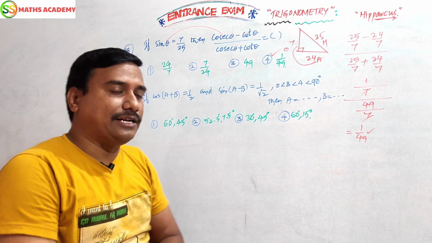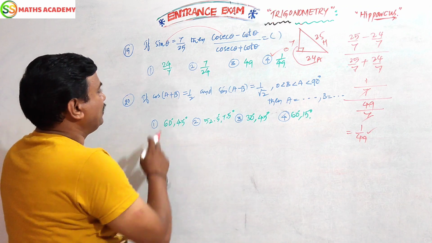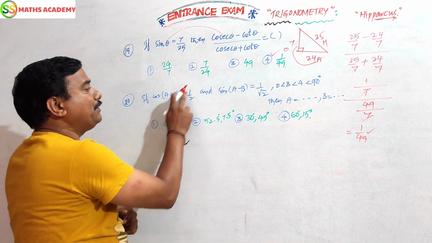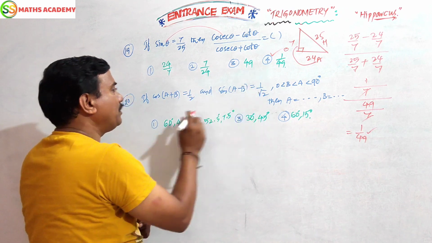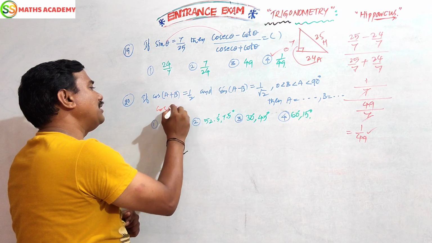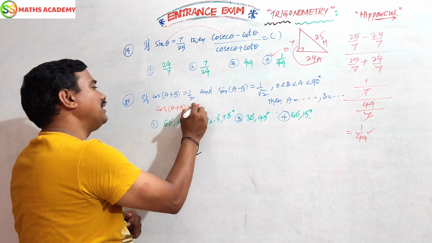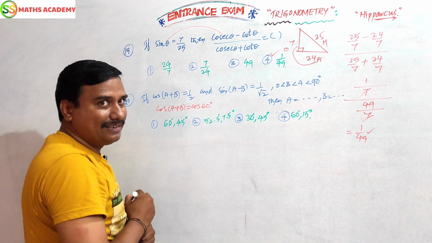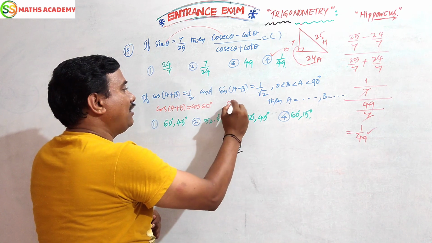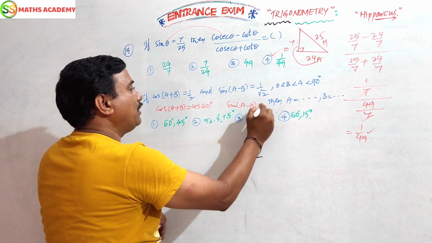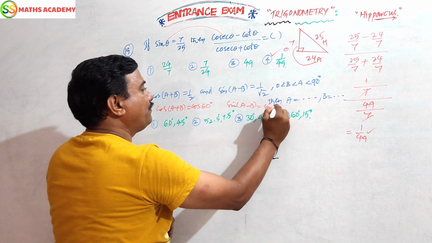1 by 49, right. My dear children, now this is cos of (a plus b) equals 1 by 2, sin of (a minus b) equals 1 by root 2. Cos of (a plus b) equals cos 60, which is 1 by 2. And sin of (a minus b), sin theta equal to 1 by root 2, when will it come? Sin 45.